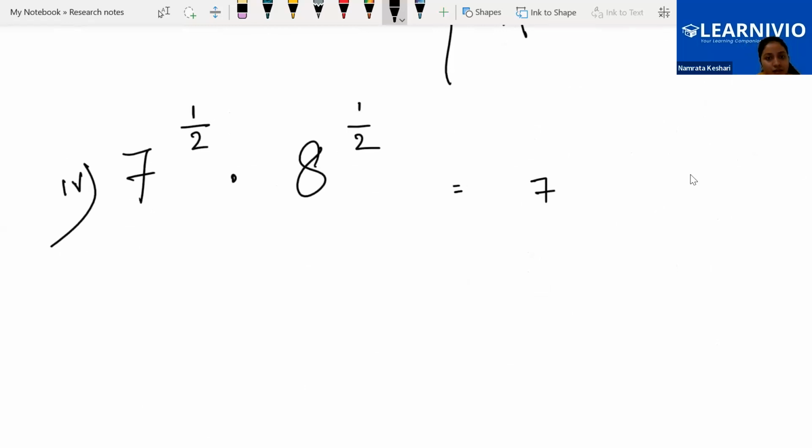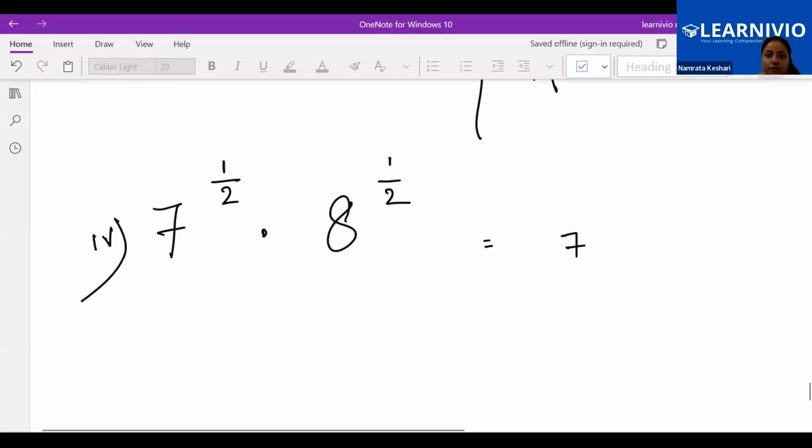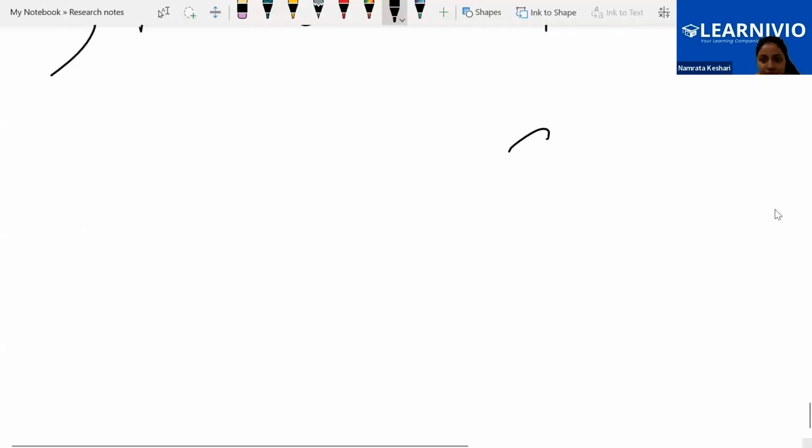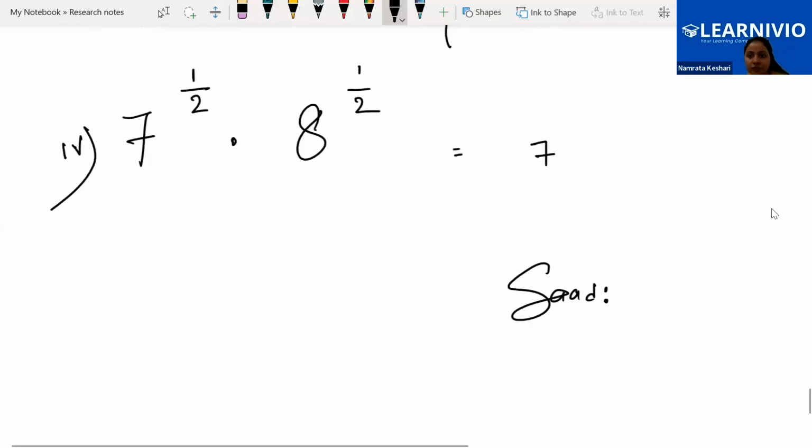So 56 raised to the power 1 by 2. Yes, Arhan, you are saying or Shad, you are saying? Ma'am, Shad. Yes, Shad, what you said? Math will be 7 into 8 whole raised to the power 1 by 2. Okay.